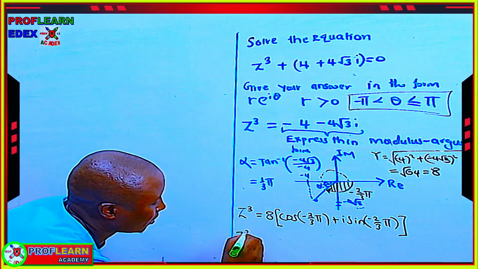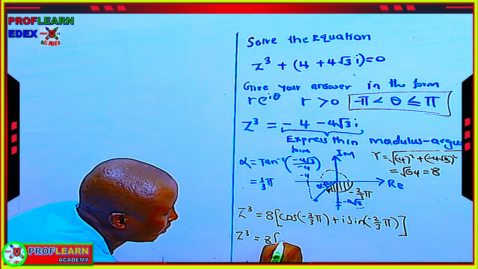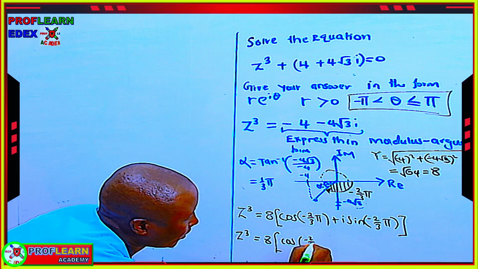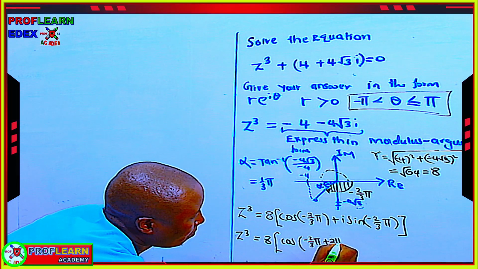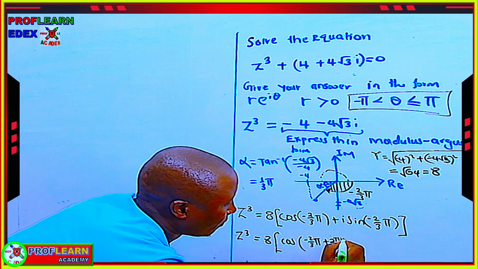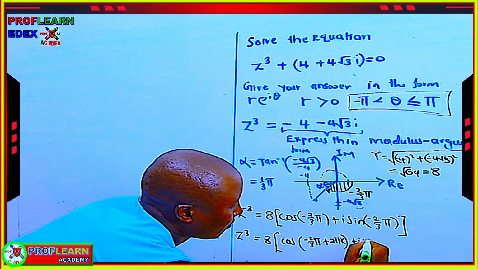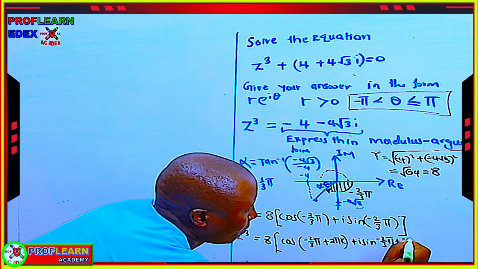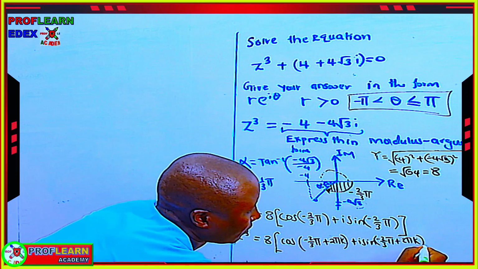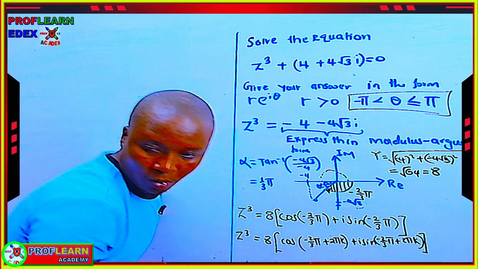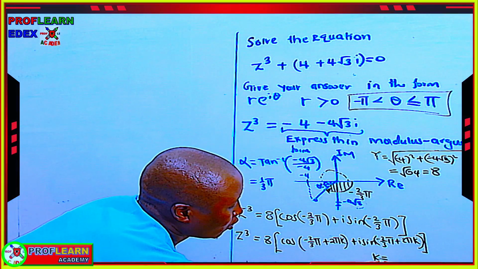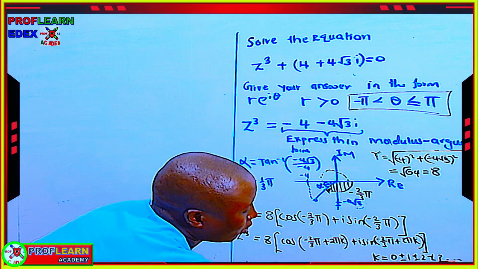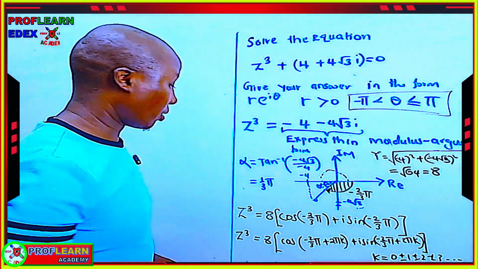So Z cubed is equal to 8 into bracket cos, it is going to be minus 2 over 3 pi plus 2 pi k, plus i sine negative 2 over 3 pi plus 2 pi k, whereby our k is going to be equal to 0, plus or minus 1, plus or minus 2, plus or minus 3, and so on. So that is something that you really need to remember.